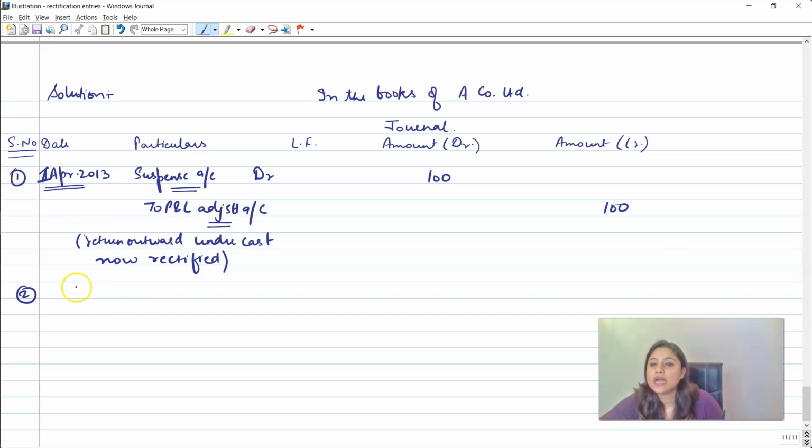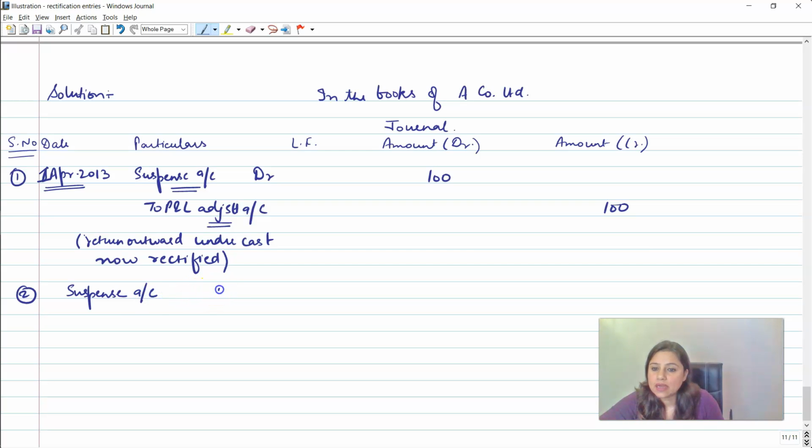So the impact is that the income needs to be recorded. So the income would be recorded in the P&L adjustment account, and thus we would be crediting the P&L adjustment account and debiting the suspense account, as we have to remove the impact of the difference, the error or entry that has been rectified.